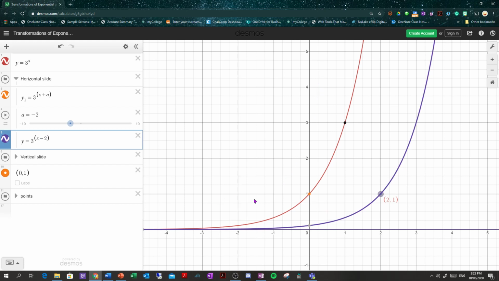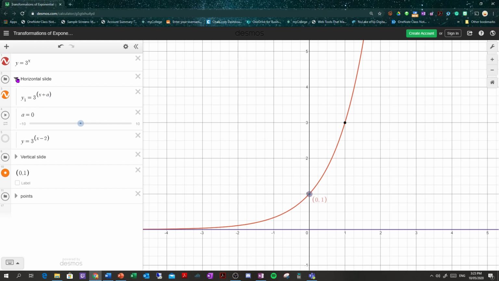Whatever the slide is, if it's to the right, it's going to be a negative value, and if it's to the left, it's going to be a positive value, always the opposite to the actual move. So that is a slide to the right and left when we apply a slide of A.